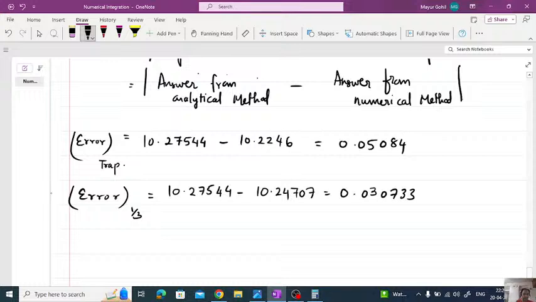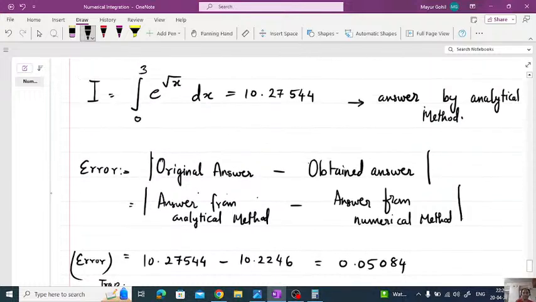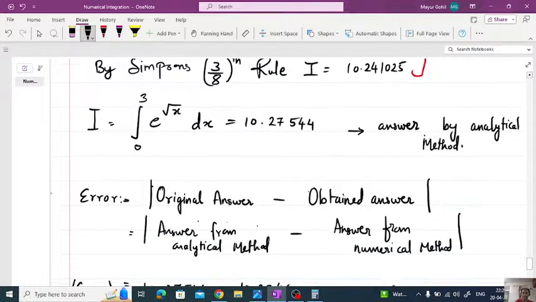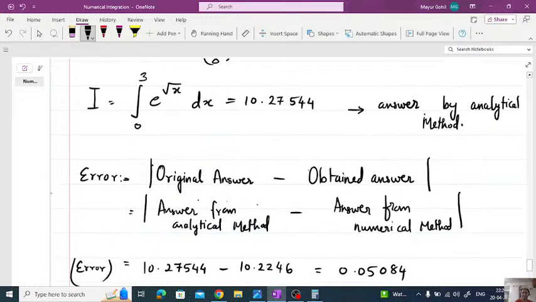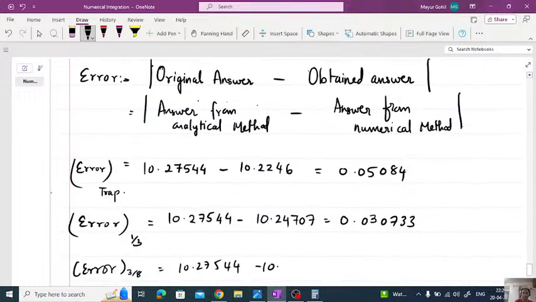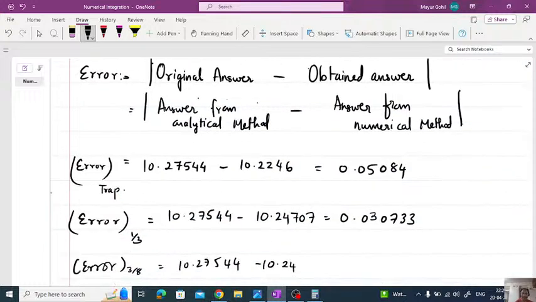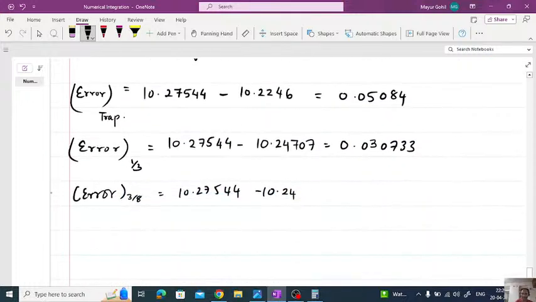And error by 3/8 is 10.27544 minus 10.241025. So here it is 0.03441.